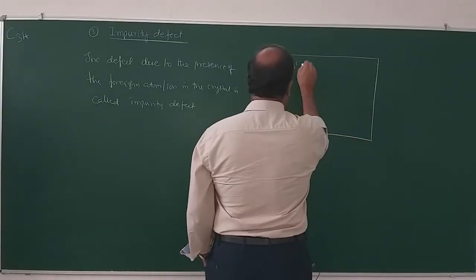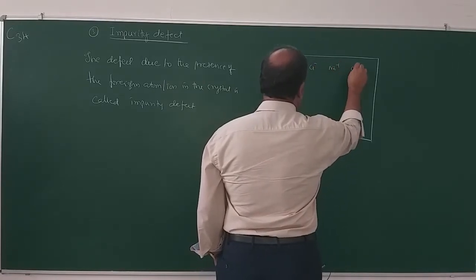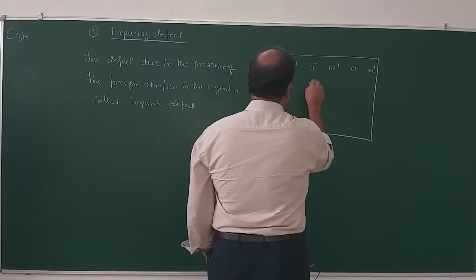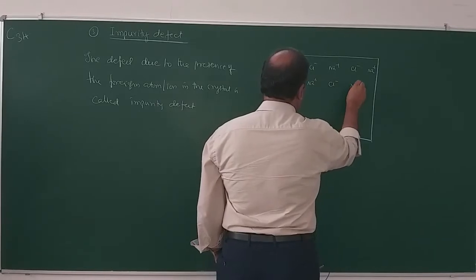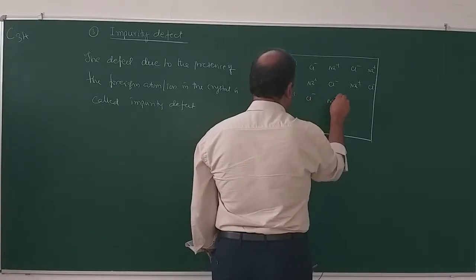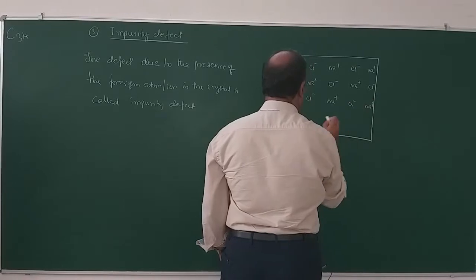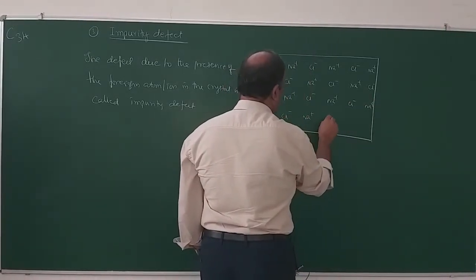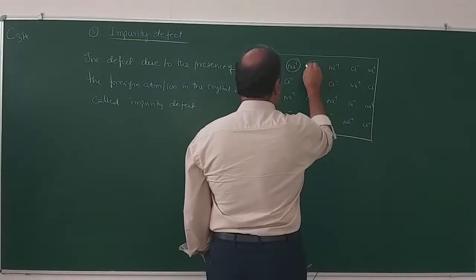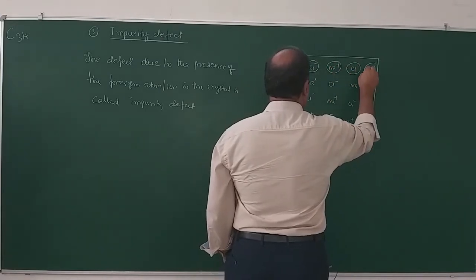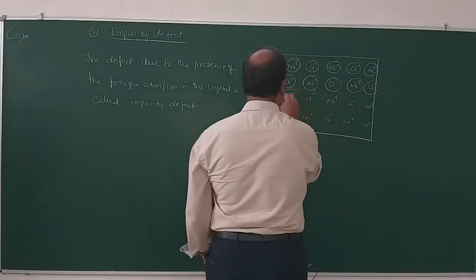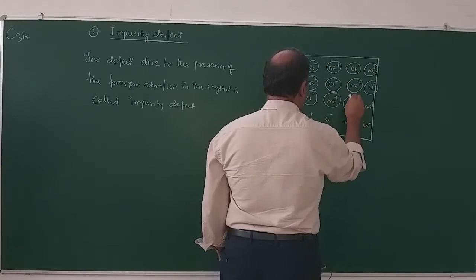There are sodium ions and chloride ions, Na plus, Cl minus, Na plus, Cl minus, arranged in a definite pattern.